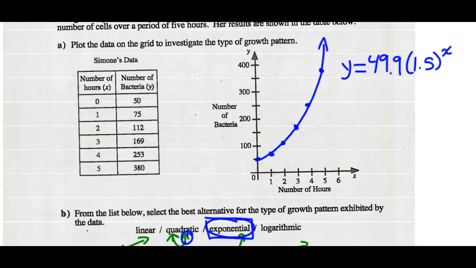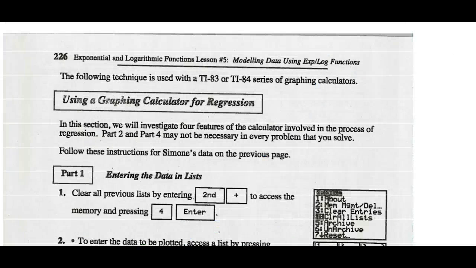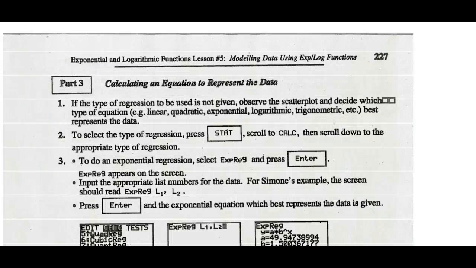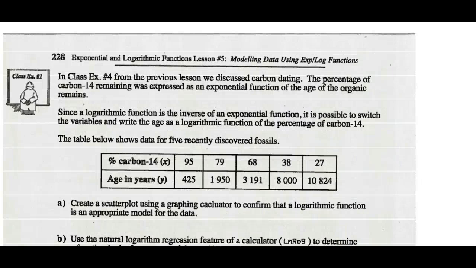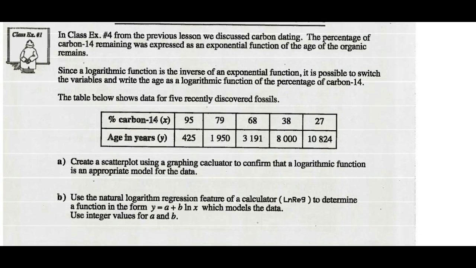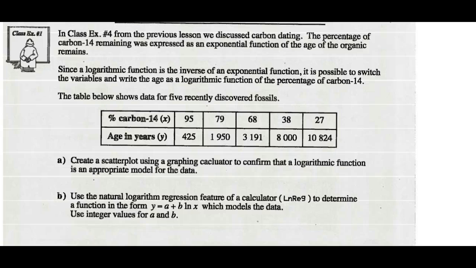Let's go to page 228 and try class example 1. In class example 4 from the previous lesson, we discussed carbon dating. The percentage of carbon-14 remaining was expressed as an exponential function of the age of the organic remains.